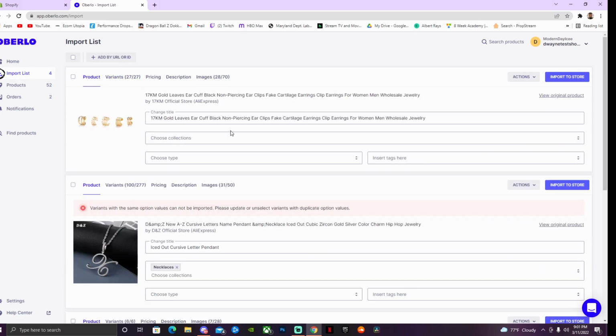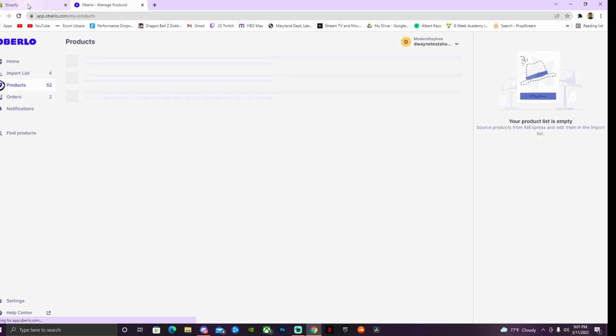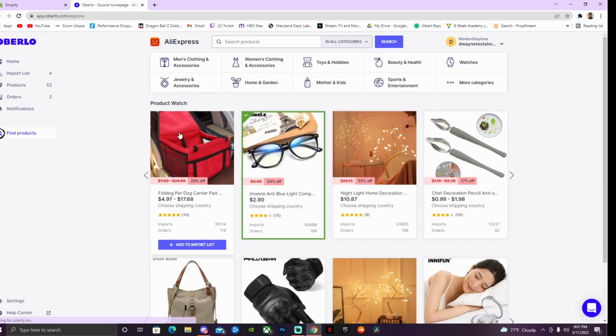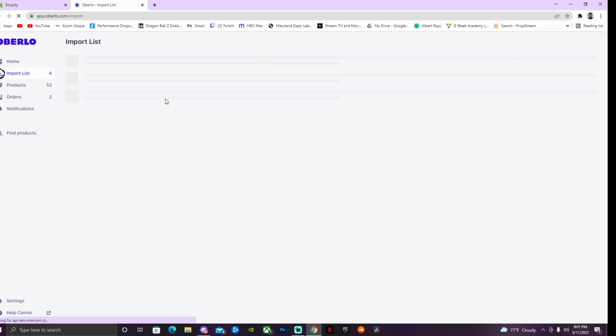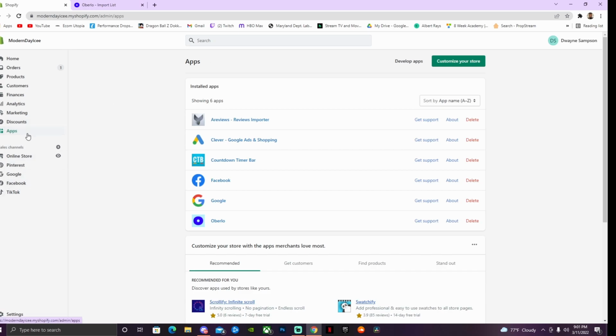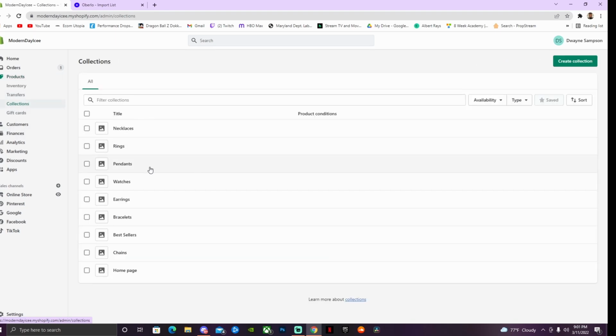And if you're having multiple products on your store, like for instance this jewelry store, I have 52 products on this store, you want to set up your collections before you import products to your store. So if you were looking to set up collections, you would go into the products tab and go to collections, and then here you would set up a collection.